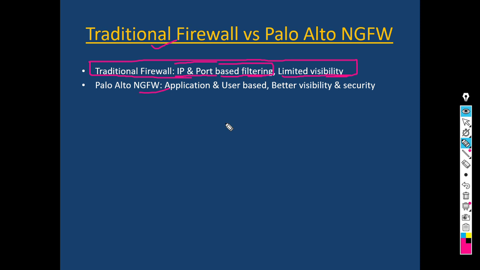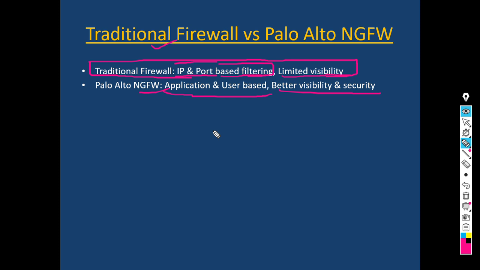This NGFW is the next generation firewall, where we have complete visibility on network traffic: what kind of traffic is getting allowed, what kind of traffic is getting blocked, and from which policy this traffic has been allowed or blocked. So we have complete visibility in the next generation firewall, and we have advanced level of filtering on the basis of user ID or applications. On the basis of a particular user, we can give a particular access.